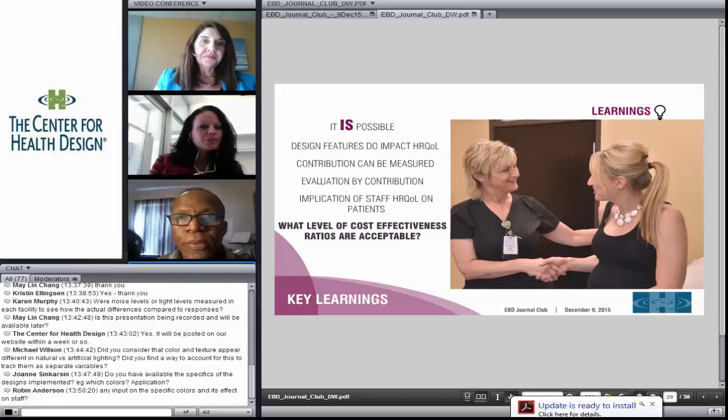And we'd like to explore that conceptual framework a little bit more and fully understand the implications of staff health-related quality of life on patients. Where all of this study leads is for us to begin to put a cost associated with that health-related quality of life.